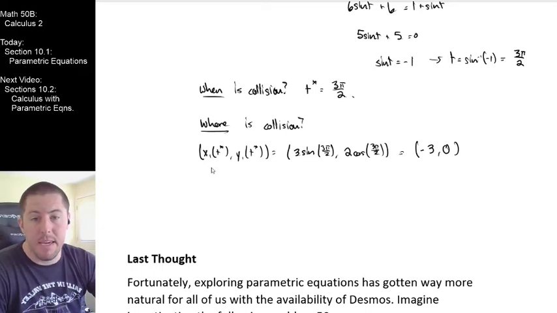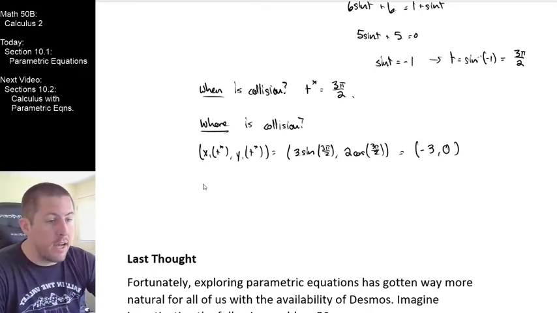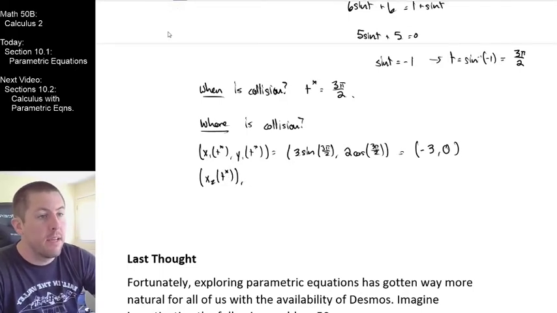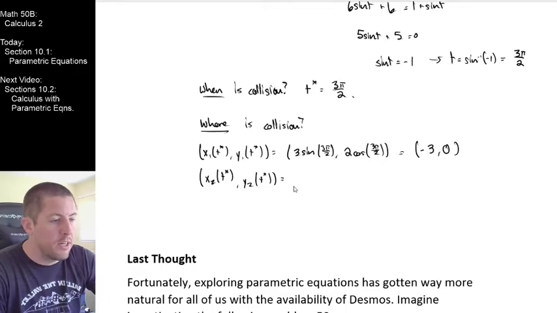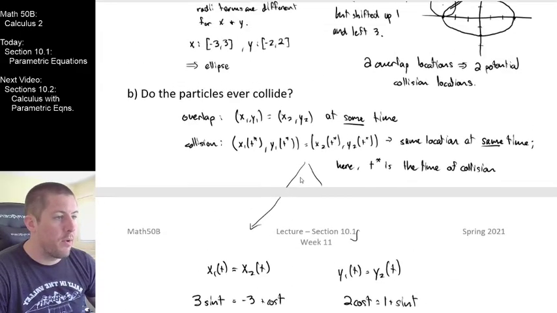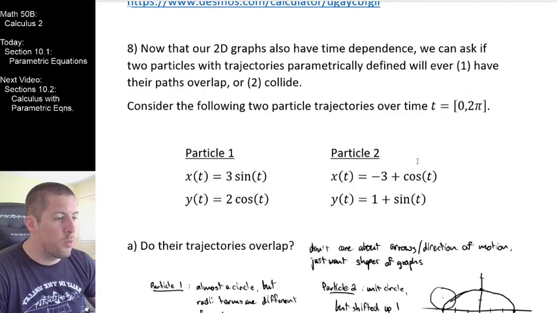Now, technically speaking, I am done right here, but a good thing for us to do is to verify that we didn't screw up our math anywhere. It better be the case that we get the exact same thing out if we check the second particle also. This is me being a good mathematical citizen right here. I want to just do good work here.